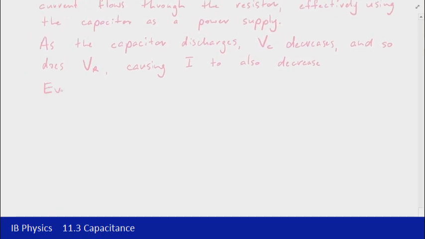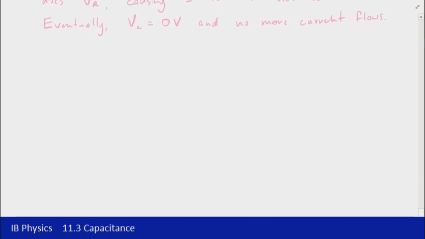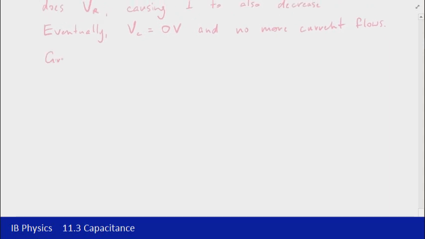Right at the end of the process, eventually we're going to see that VC will be equal to 0 volts, and as a result no more current will flow because there's no more separation of charge to redistribute. So there's the 3 stages to think about in discharging the capacitor.